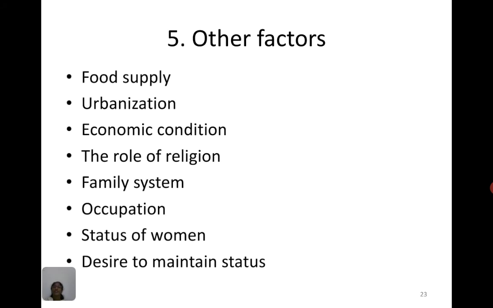Other factors which influence fertility are food supply, urbanization, economic condition, the role of religion, and family system. Especially we come across joint families in rural areas. There are joint families in urban areas also, but they are less in number. Whereas in rural areas, where we come across agriculture as the major occupation, we come across joint families more in number.